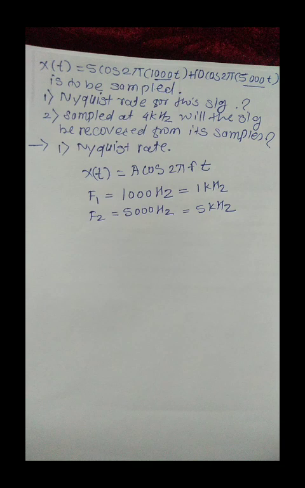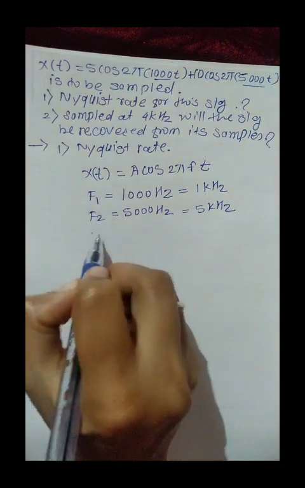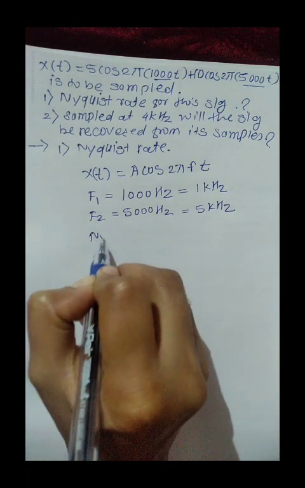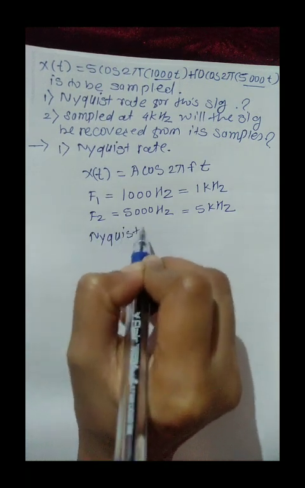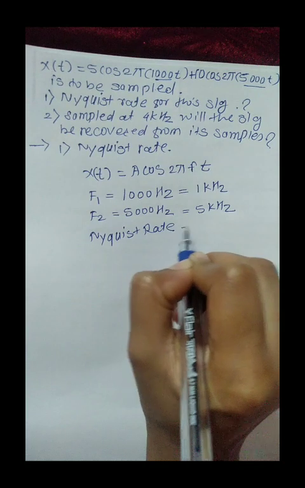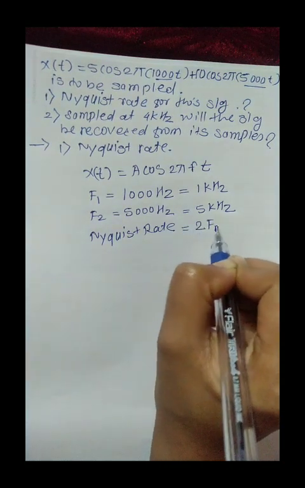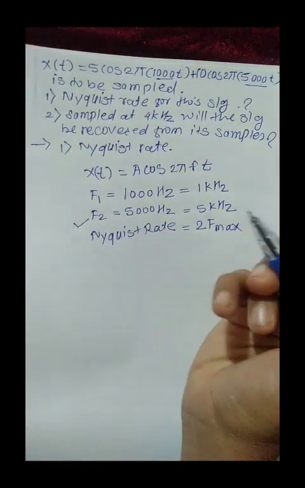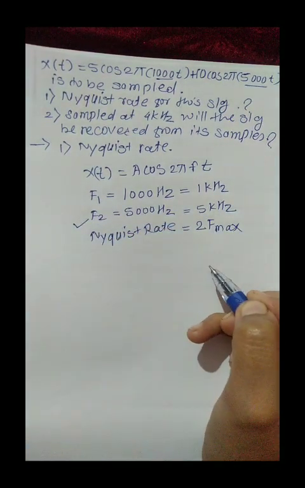So the Nyquist rate is what? What is the formula of the Nyquist rate? Nyquist rate is equal to 2 f max. The maximum frequency is 5 kilohertz.